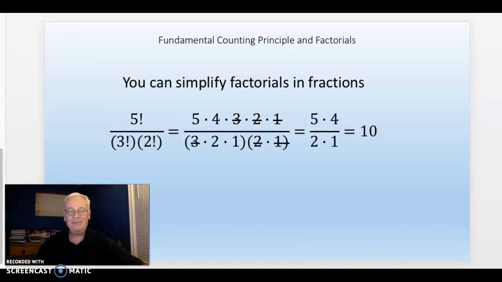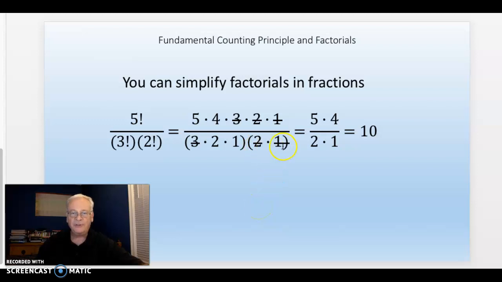All right, the last example, but it's an important one. Sometimes the denominator will have 2 factorials multiplied together. In this case, the top is 5 factorial: 5, 4, 3, 2, 1. And the bottom is 3 factorial, 3, 2, 1, times 2 factorial, 2 and 1.